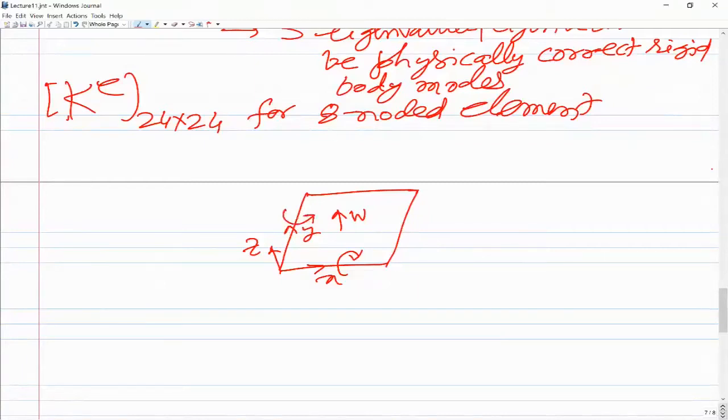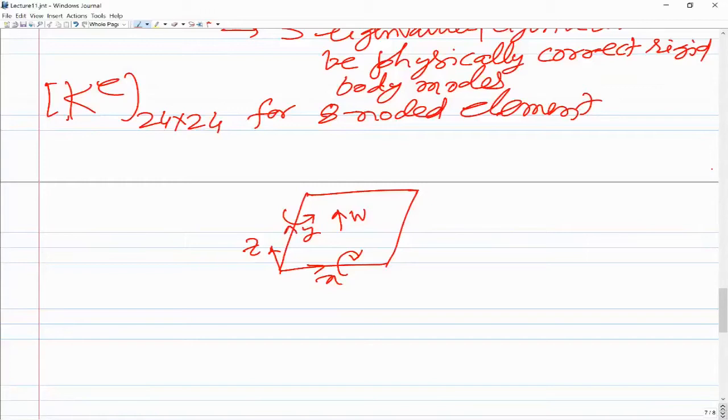Because we have only 3 degrees of freedom, w, theta x and theta y, this plate element can have only 3 rigid body motions, and corresponding to each rigid body mode there would be a zero eigenvalue. That is how I am saying 3 zero eigenvalues, corresponding to physically correct rigid body modes.